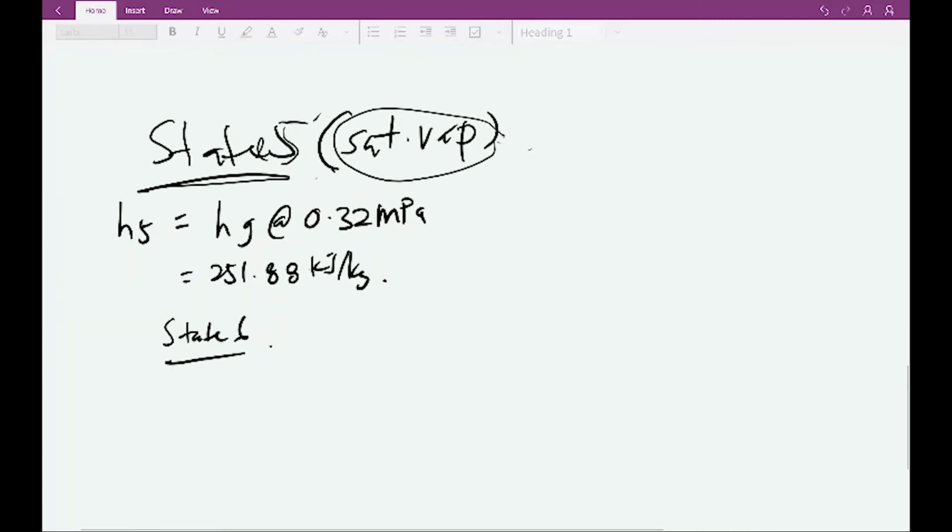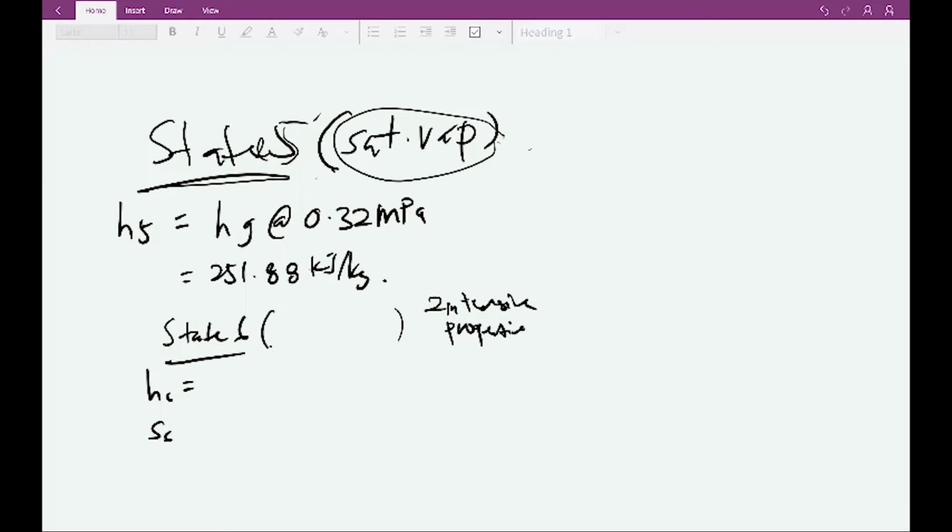To find H6, you need to name its state, but because we do not know the name of its state, we need to refer to your table. To refer to your table, we need at least 2 intensive properties.